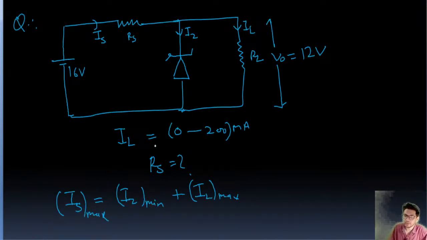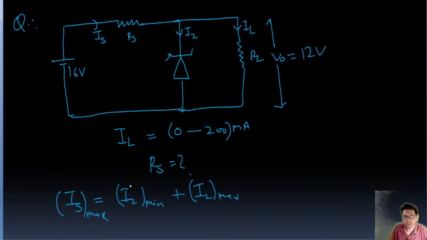So here, because we have been given this range, IS maximum is going to be IZ minimum and IL max.